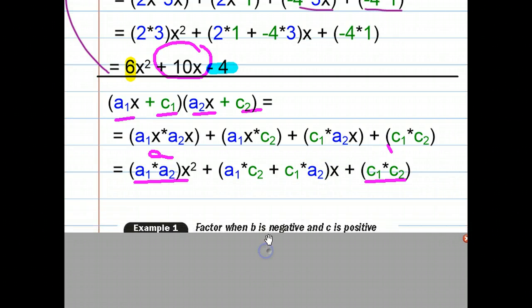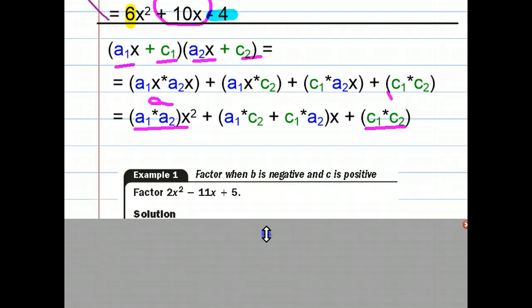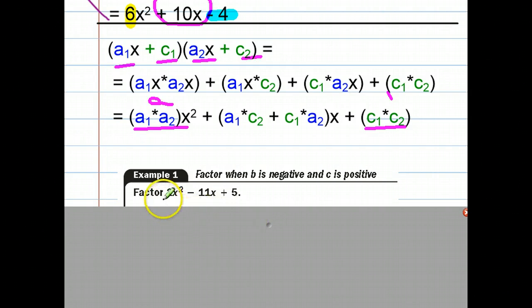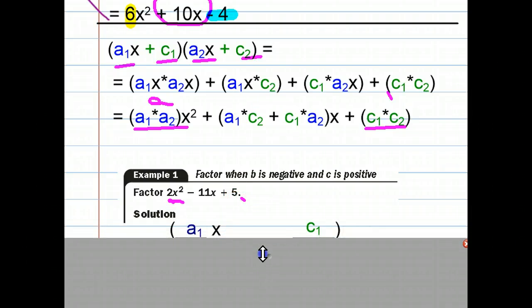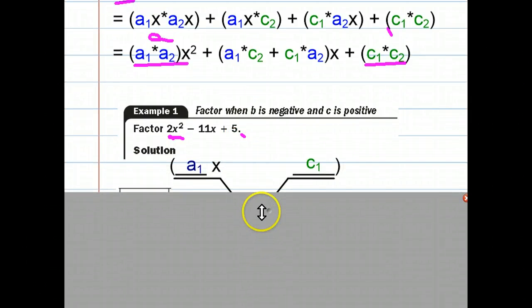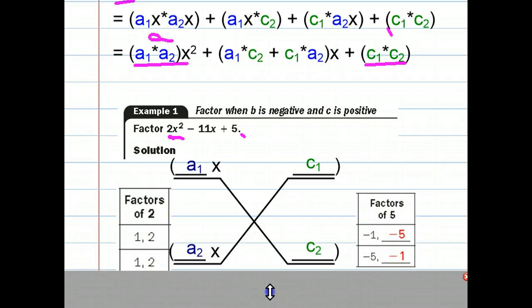So let's take a look at an example. Let's say we have to factor this expression. In this expression, our a is 2 and our c is 5. In order to figure out what two numbers multiply together to give me 2, life is easy, because the two numbers that multiply together to give me 2 are exactly 1 and 2, and the two numbers that multiply together to give me positive 5 are either negative 1 and negative 5, or we just switch them around, negative 5 and negative 1.